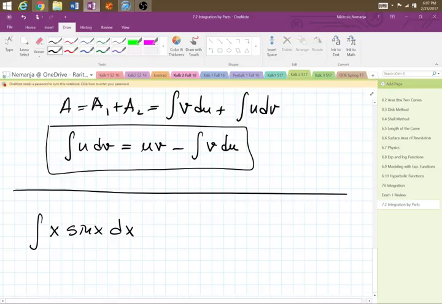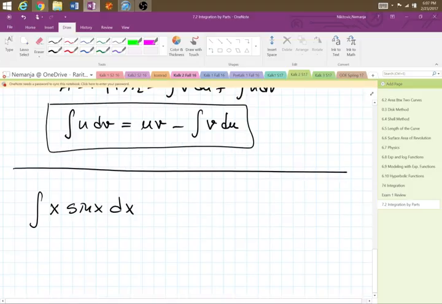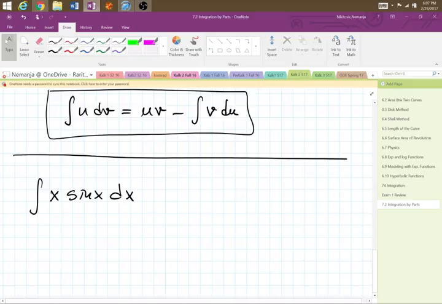Clearly, I can't use algebra to multiply these first. So let me try and use my new formula because nothing else works. All right, so I'm just going to do this problem because I know how to do it.